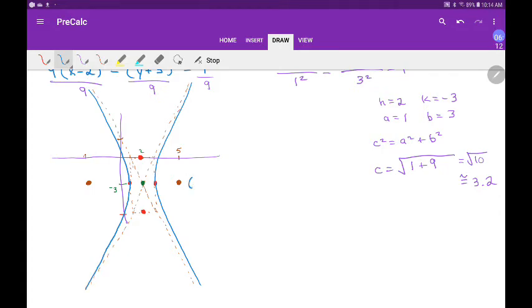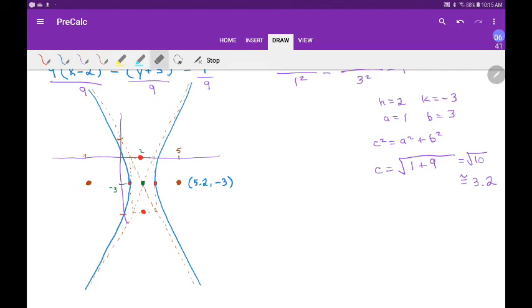And my foci are 5.2, negative 3, and negative, what is it, negative 3? No, it's not that far away, is it? Negative 3.1? No, that's not right. It'd be 1.1.